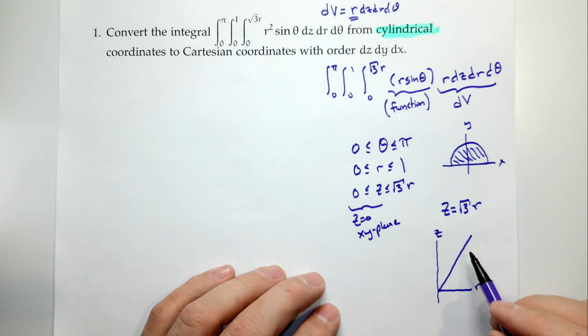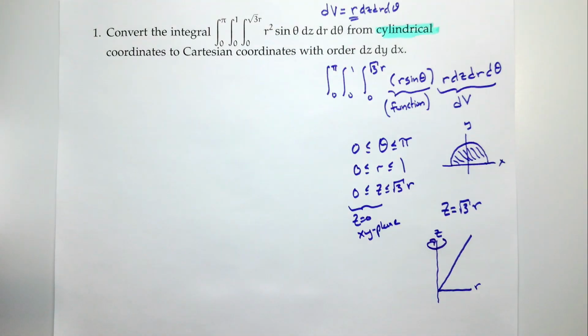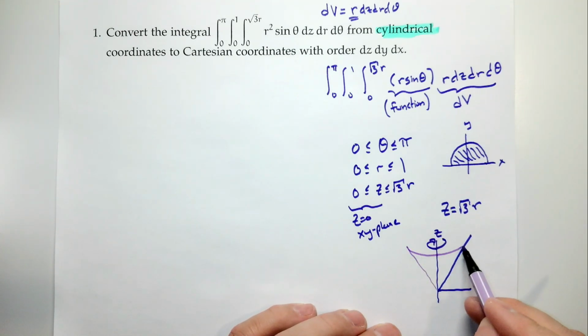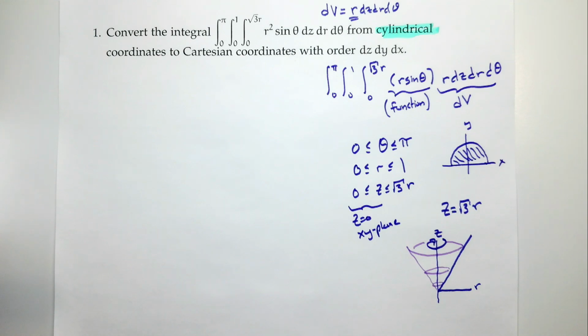Now if you spin that, the shape that you spin it out to be is the surface that you produce. In this case, the surface we're producing is a nice little cone. So z equals some multiple of r is a cone. That may or may not come into play.